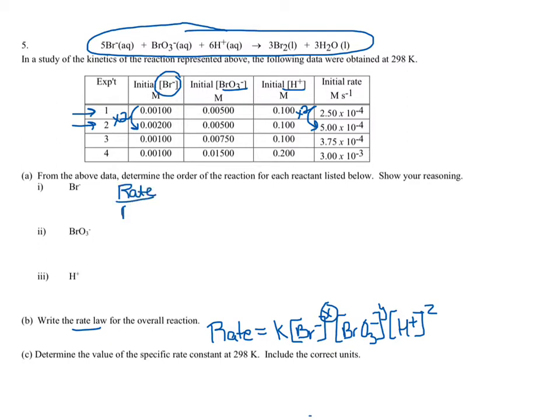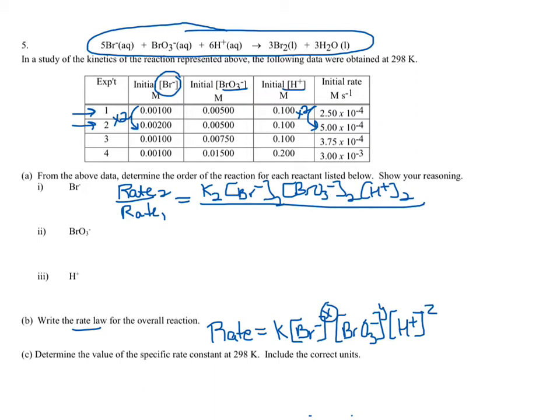I'm doing the rate of trial 2 over the rate in trial 1, equals, and just writing what the rate law is: k, the Br minus in trial 2, BrO3 minus in trial 2, H plus in trial 2, and I'm doing that all over the same thing from trial 1.